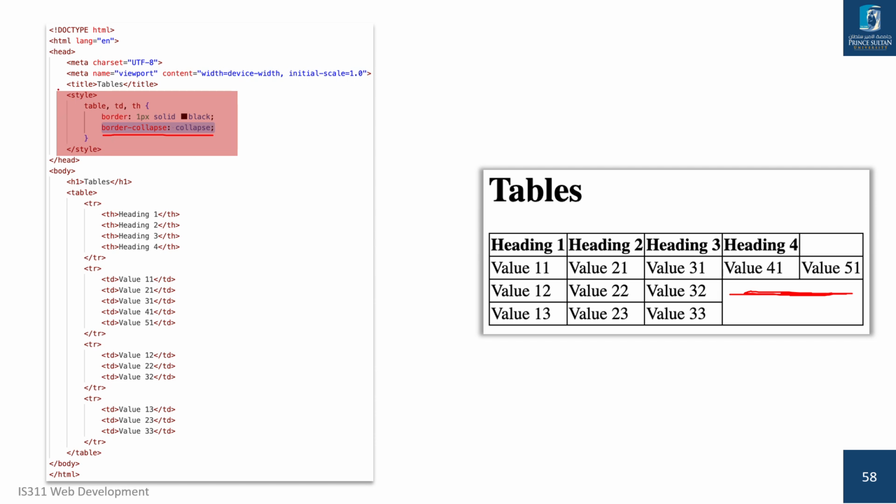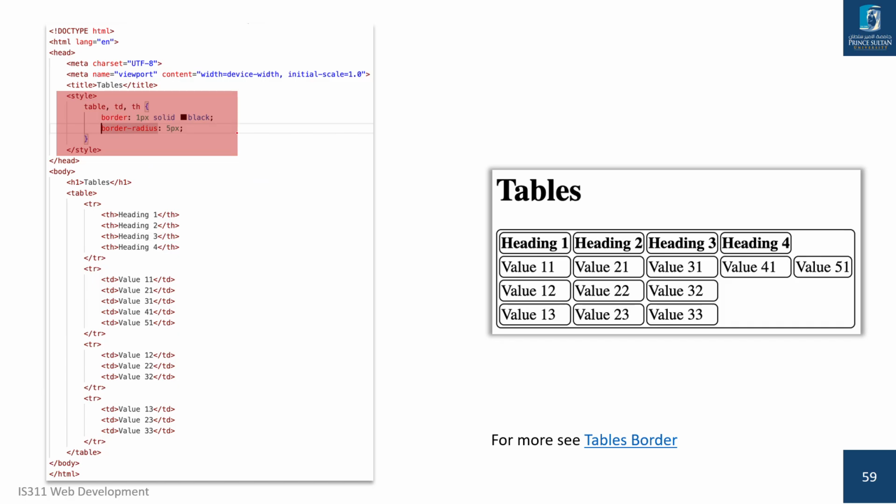So we are applying different styles. And what next? We are also applying the border radius. Border radius means that the corners, rather than having these straight lines, become more circular. If we increase that size, this circle will be more visible.